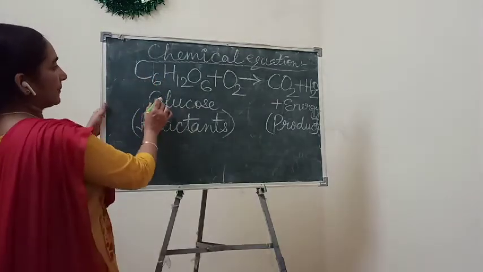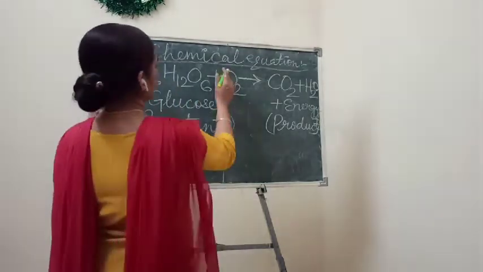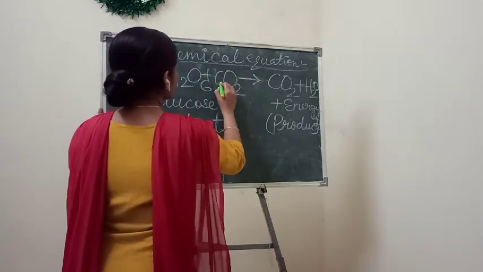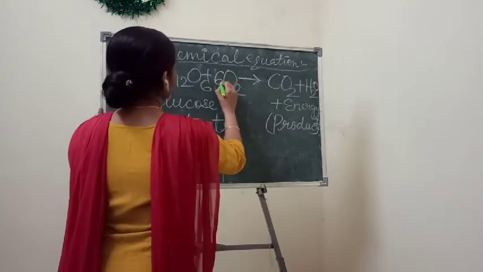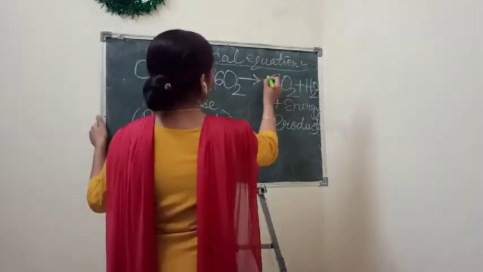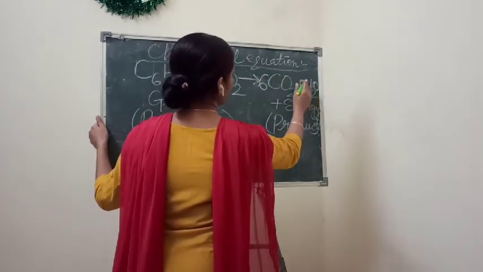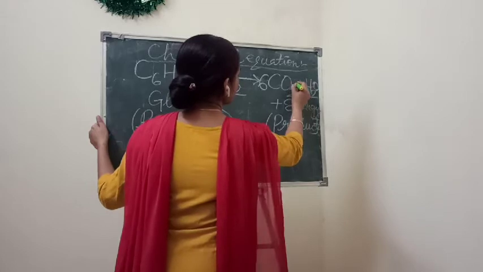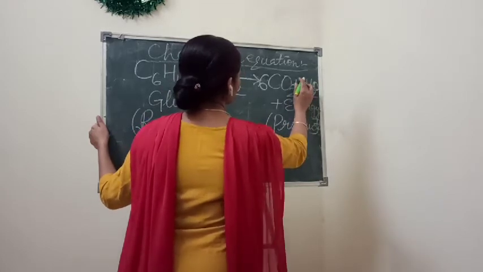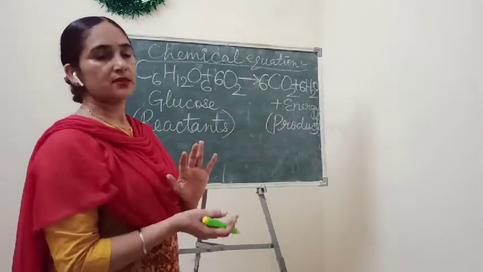Here a single molecule of glucose reacts with 6 molecules of oxygen, then 6 molecules of carbon dioxide are formed and 6 molecules of water are formed. This is called the balanced equation.